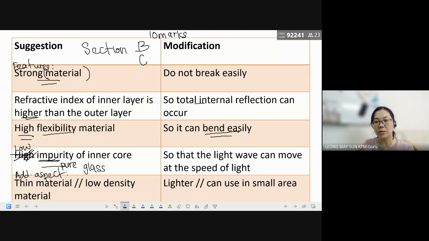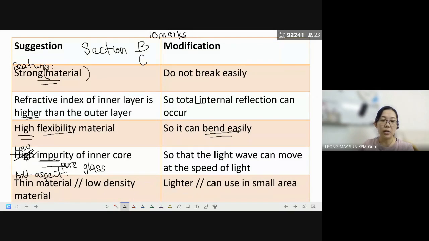So that the light wave can move at the speed of light. If there are other impurities inside, other materials other than glass, other chemical atoms that are not glass inside the inner layer, light will refract. It will no longer move at the speed of light because when there are impurities inside, it will slow down. That's why it needs to have low impurity.